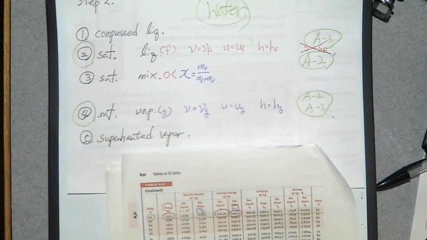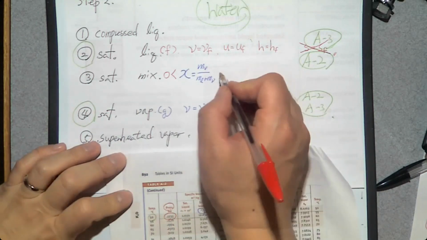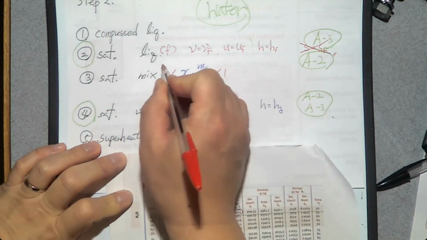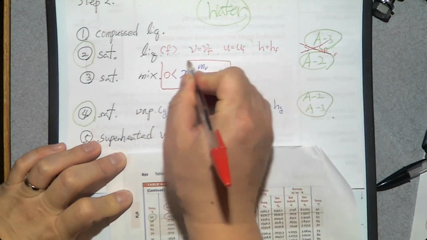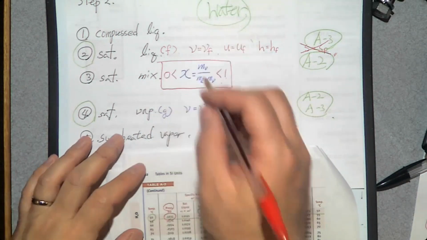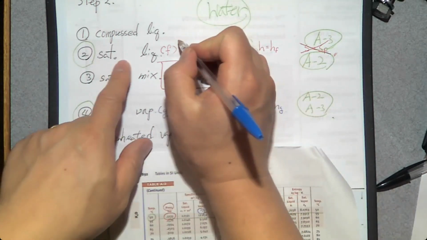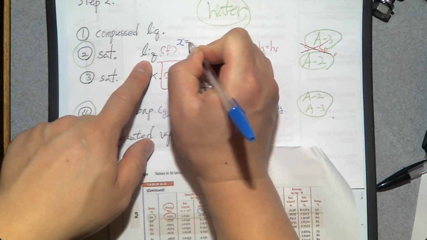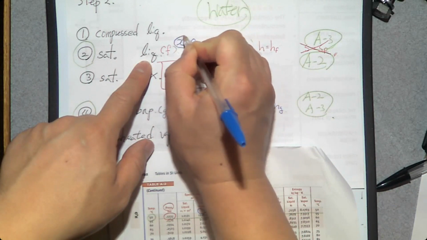If you only have vapor, there is no liquid mass, so it's going to be mv over mv, which is 1. So quality x should be between 0 and 1 to be a saturated mixture. If quality x is 0, you have saturated liquid because you only have liquid.